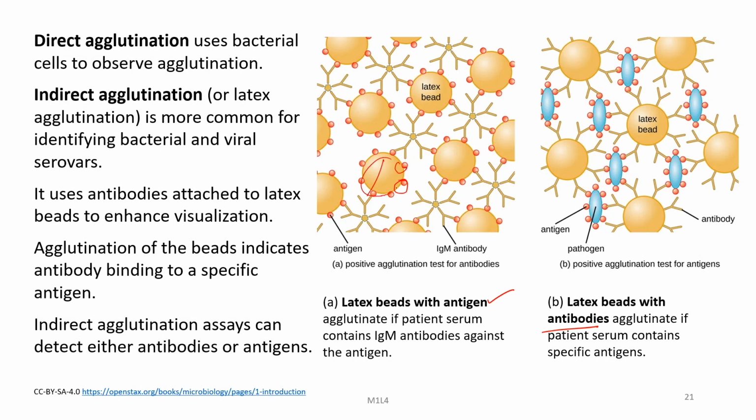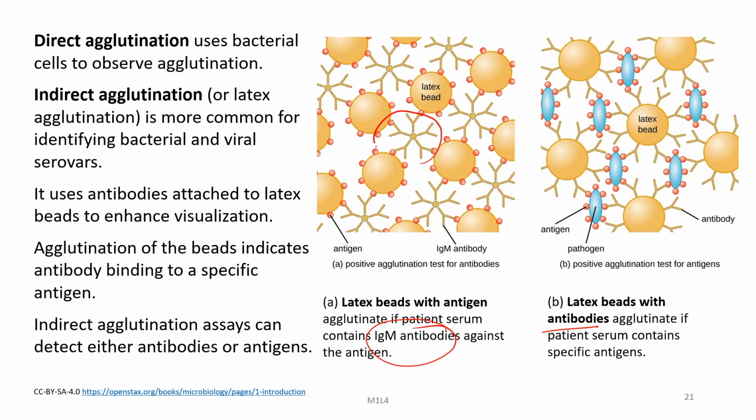And you can see this is the antigen, and this bigger structure is the latex bead, and here these are the Y-shaped antibodies, as you all know, and this big one is the latex bead. You can see here already labeled. Now, whether it is antigen or antibody, in the first case, these latex beads will bind to one another if patient serum contains IgM antibodies.